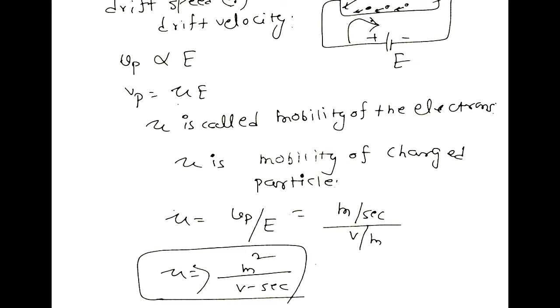Mobility is measured in square meters per volt second. Such a steady movement of majority charge carriers with some drift velocity constitutes a current, and this current is called drift current. So mu is equal to velocity by electric field. These two relations are important. The unit is meter square per volt second or centimeter square per volt second, which is a very important relation. This is called the mobility of free carriers.